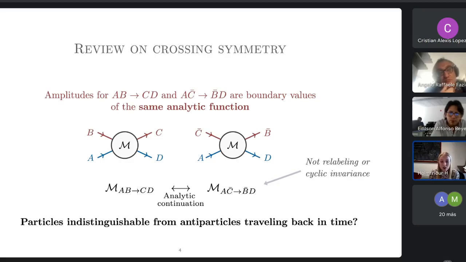CPT would be taking all outgoing particles to be incoming and vice versa. But anyway, the argument for crossing symmetry is often stated as the fact that particles should be indistinguishable from antiparticles traveling back in time. But I've deliberately put a question mark here because this is precisely the point that we're going to revisit in this talk.